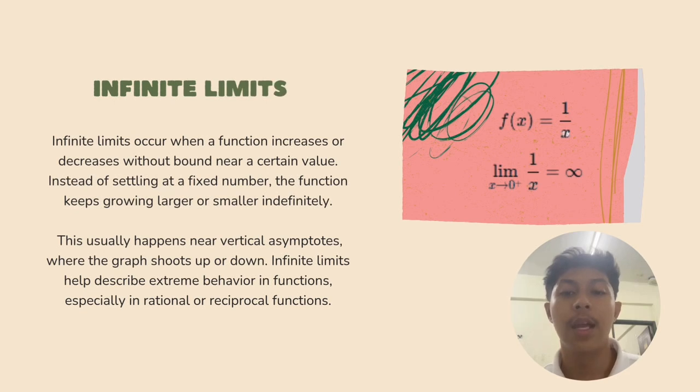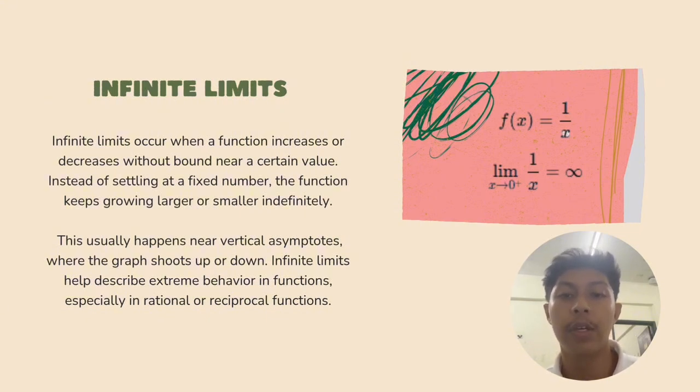Hi everyone, let's start by looking at infinite limits. Usually, when we talk about limits, we're looking for a specific number the function settles on. But sometimes, a function doesn't settle, it just keeps growing or shrinking forever. Take a look at the reciprocal function f(x) equals 1 over x, as x gets closer and closer to 0 from the positive side.